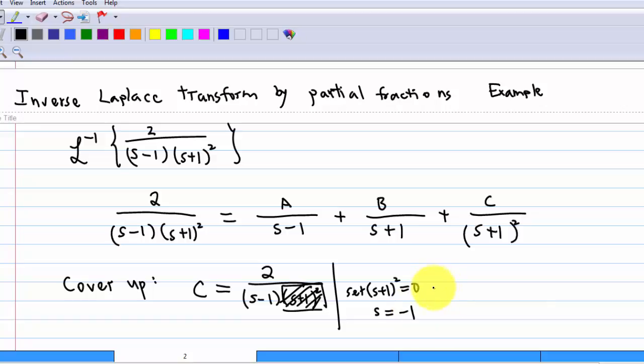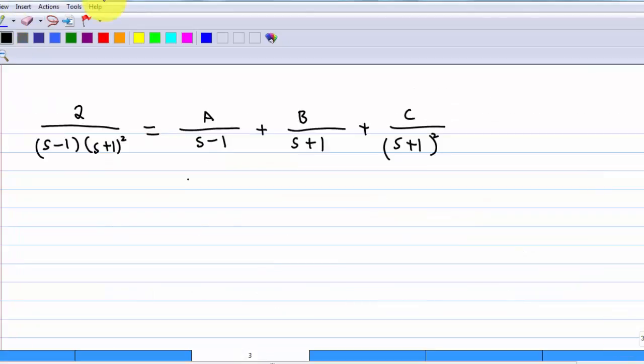Therefore, the value of C is equal to 2 over minus 2, which is negative 1. So, we know that the value of A is equal to half. The value of C is equal to negative 1. We still need to find what B is.